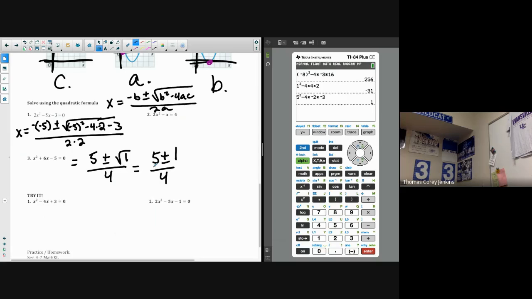So 5 plus 1 would be 6. So you've got 6 over 4. Six over 4 is 3 over 2. That's one of our solutions. And then you have 5 minus 1 is 4. Equals 1. So 1.5 and 1, it looks like, are our two solutions there.